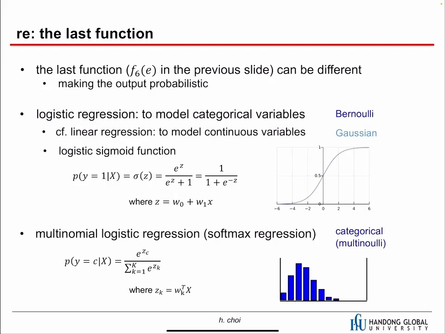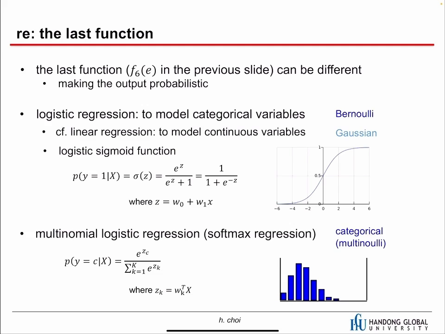The last layer can be slightly different. In the middle of this input and output, the activation functions are simple: the sigmoid or hyperbolic tangent or ReLU and so on. We can choose one of these activation functions, but the last function is special. If we want to make probability from the output, then we can use softmax or a sigmoid function.